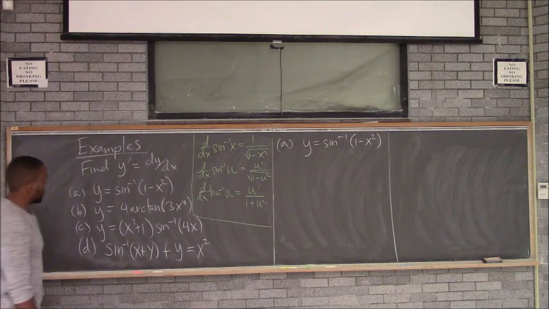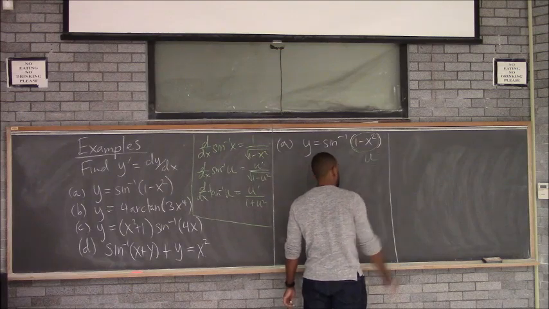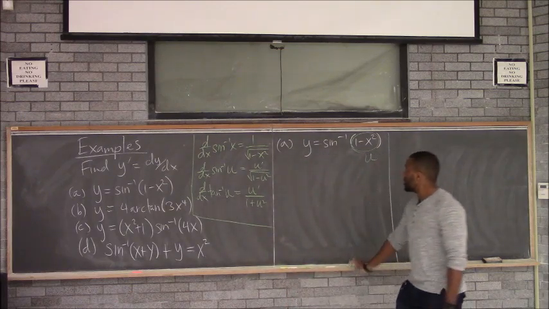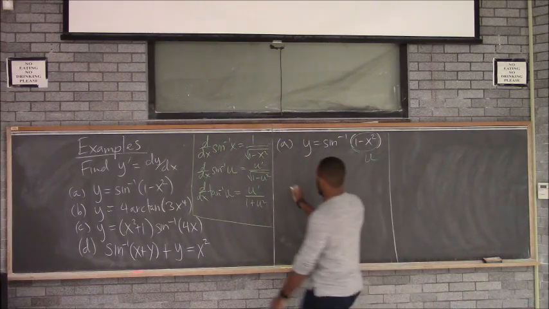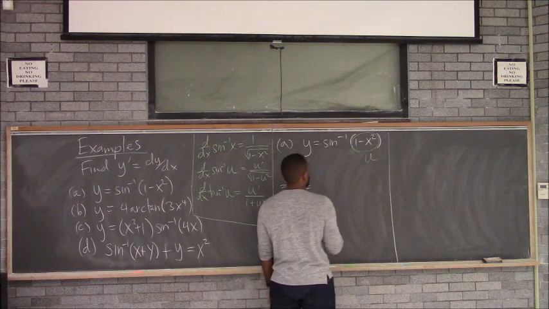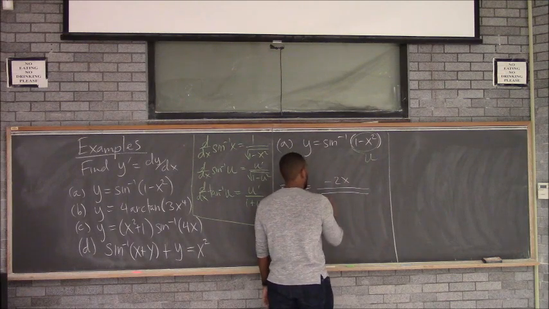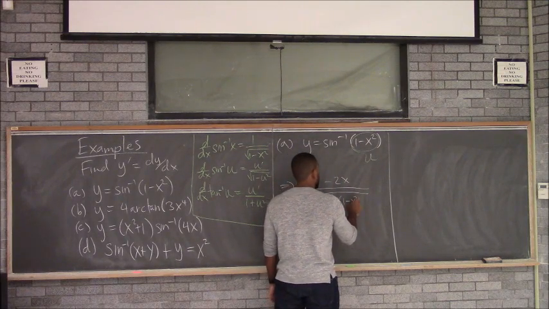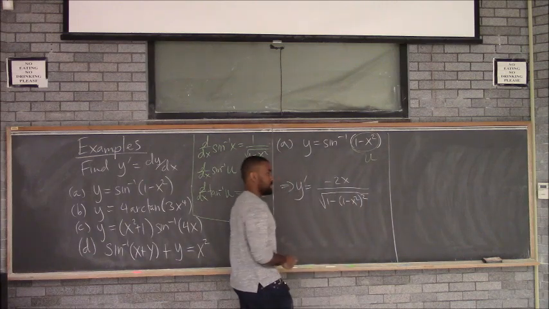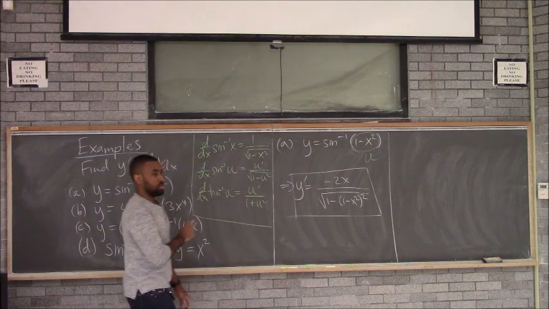So in the first one, you will notice that, well, that guy is kind of like the u. So y prime is going to be u prime divided by the square root of 1 minus u squared. That's the answer. Anyone get that?